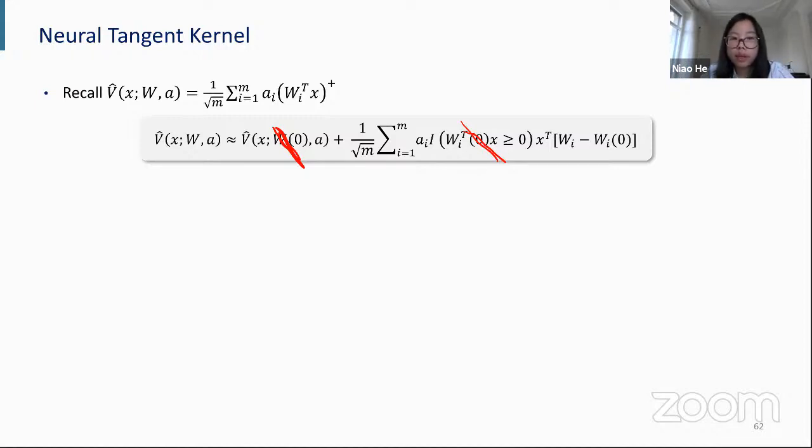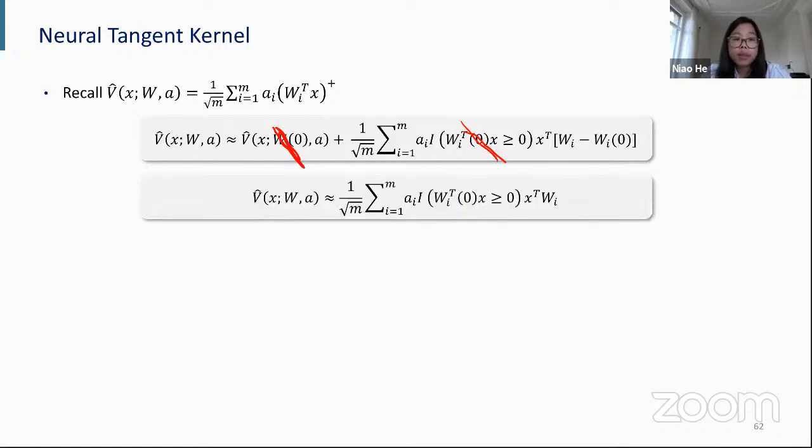So you can easily see that by definition, V hat is just your gradient times Wi0. This simplifies to just this linear term.